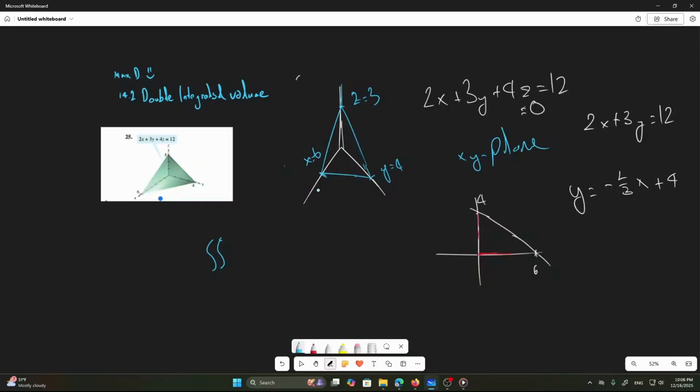For now let's rearrange terms to get the equation for z. So z equals (12 minus 3y minus 2x) over 4, which becomes 3 minus 3/4 y minus 1/2 x. This will be our inner function, which we'll write right now.